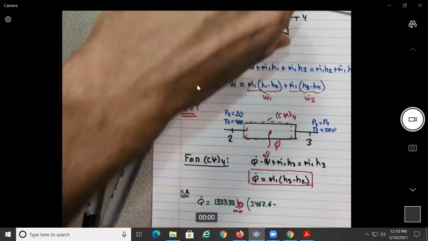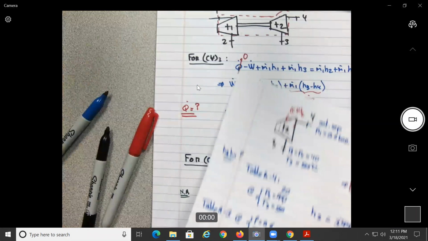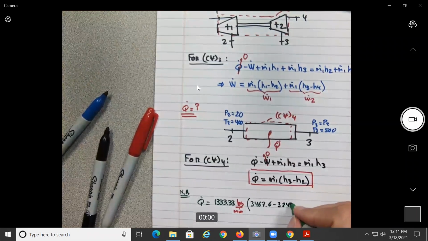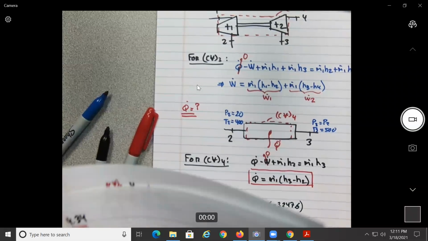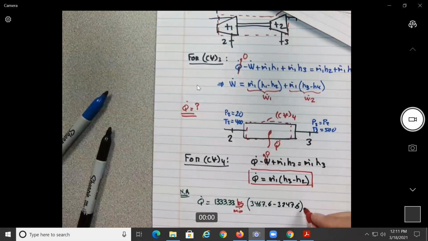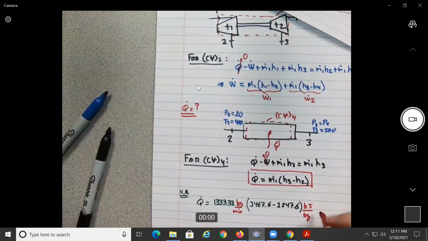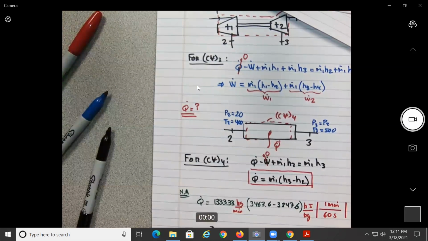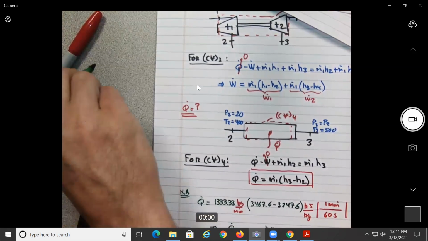Let's see how H2 is, 3,247.6 kilojoules per kilogram, and we need to transform that into kilowatts. So again, we're going to have the 1 minute per 60 seconds. And now this should give you Q in kilowatts.